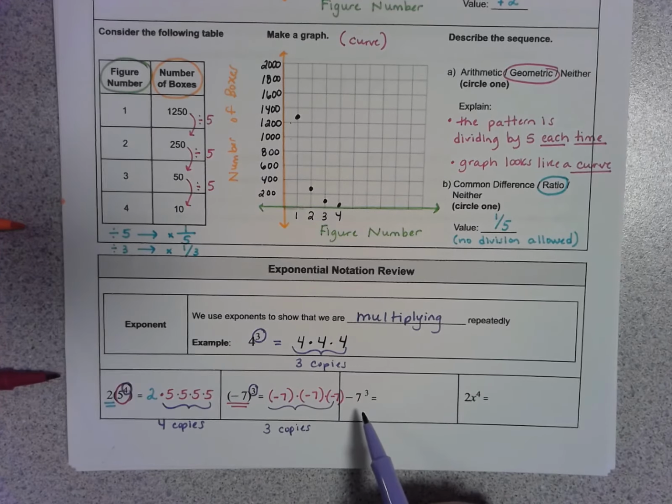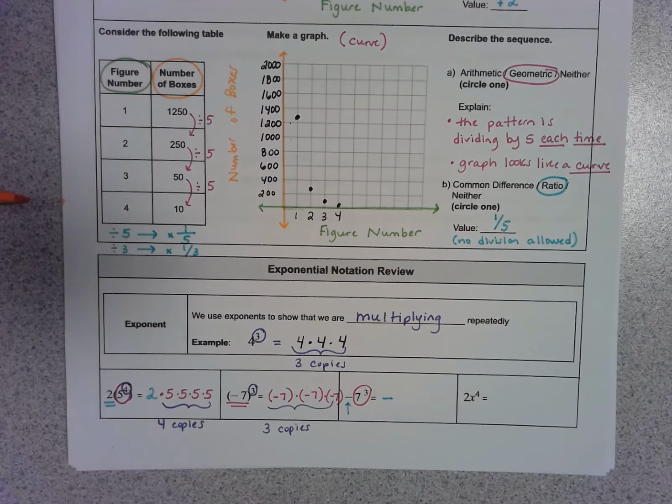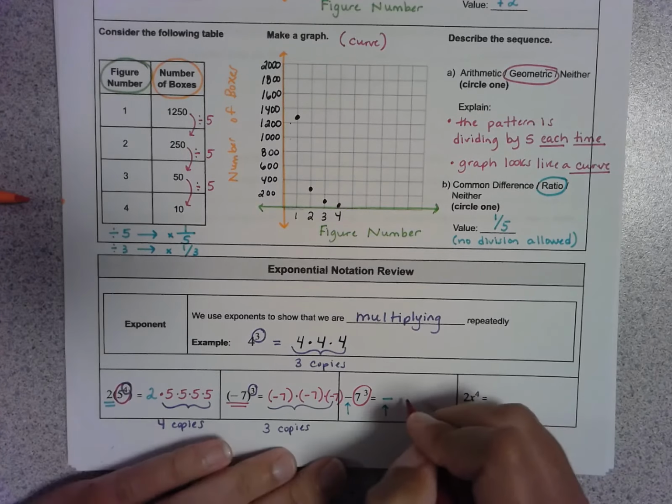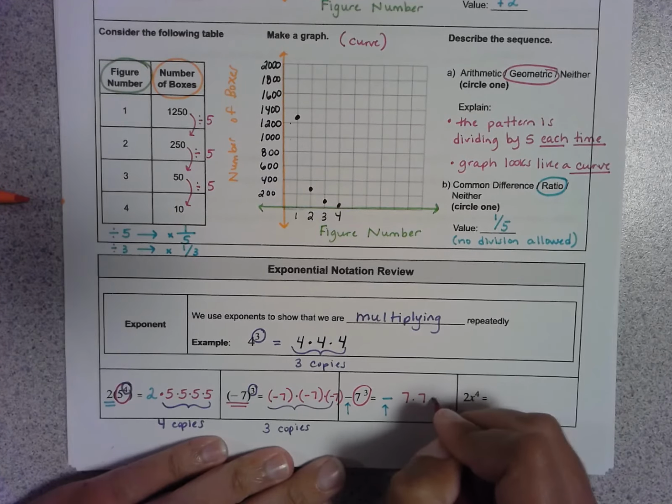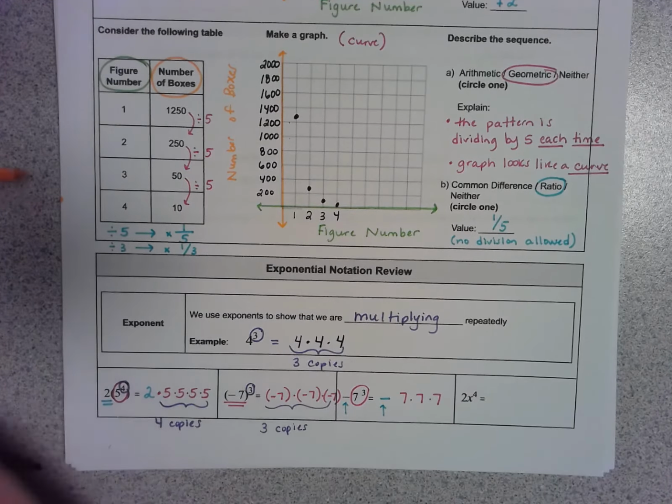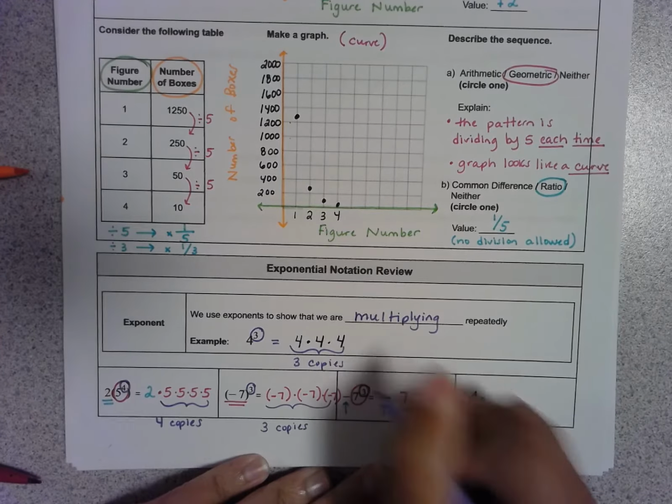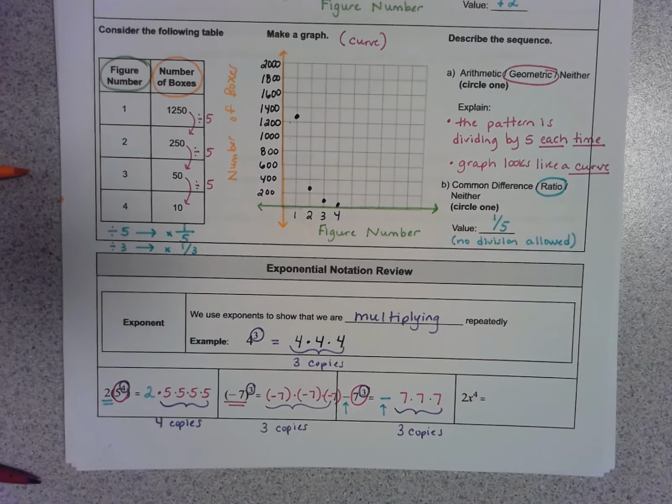You'll notice that this problem does not have a parentheses. What that means is that the 3 only applies to the 7, not to the negative. So to write this out the long way, I would only put down the negative 1 time. Then I would write 3 copies of just 7. So the exponent still tells me how many copies to make. It's not making copies of the negative. It's only making copies of the 7.